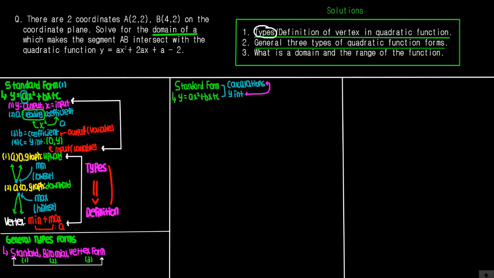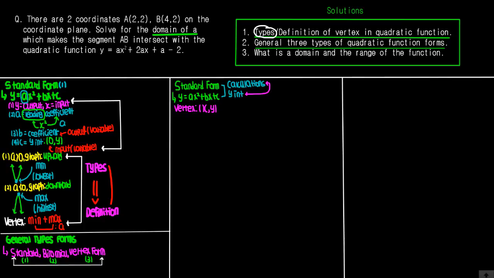But one thing that is bad about the standard form is that the vertex is the most important thing in a quadratic function to complete our drawing of the parabola. Every single coordinate on the coordinate plane can be summed up as x, y, where x is input and y is output.